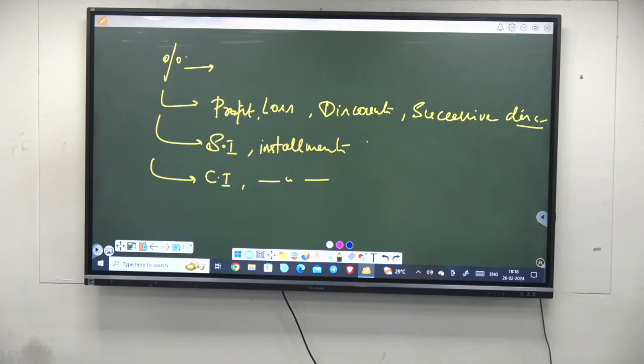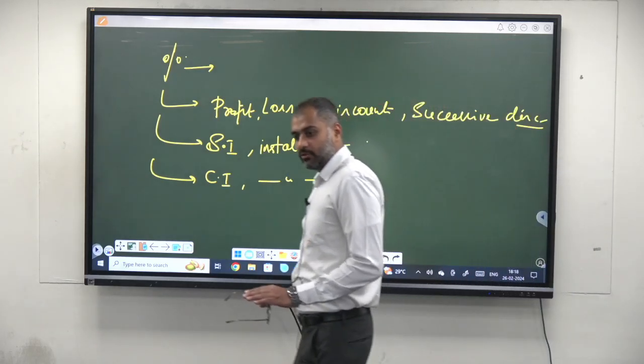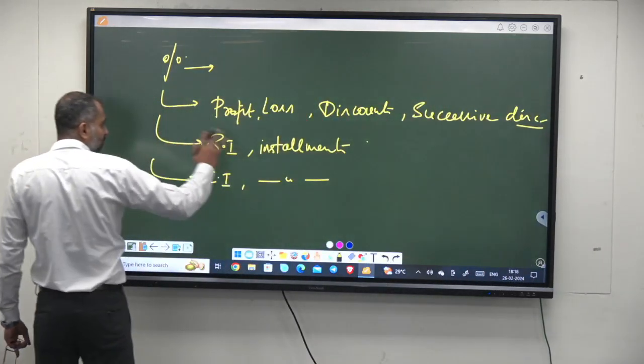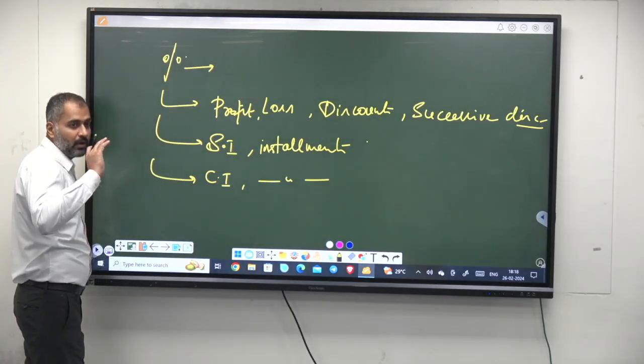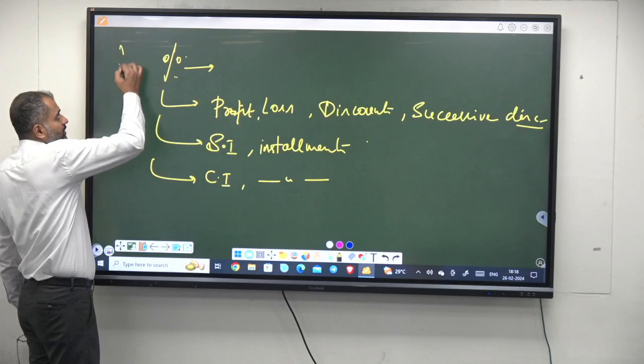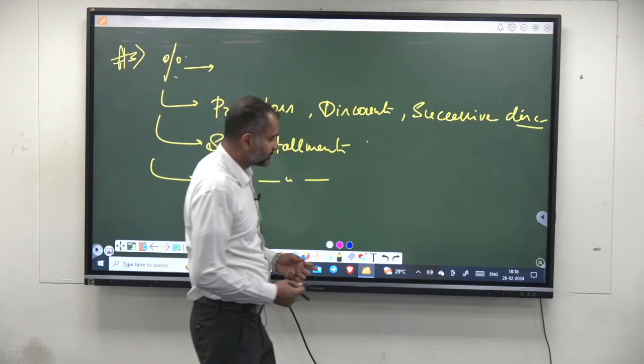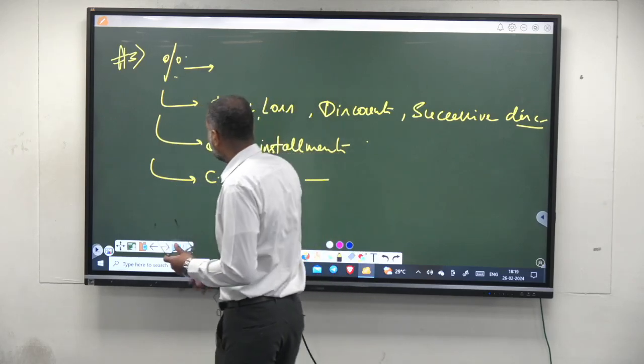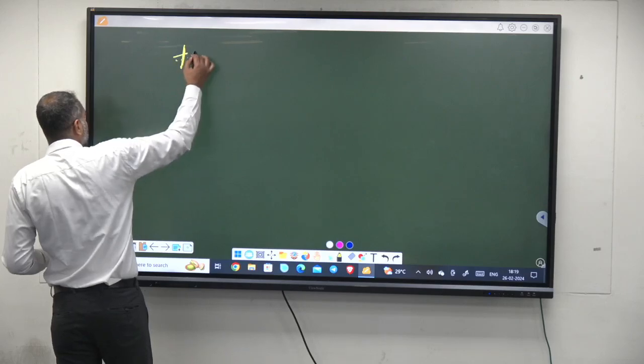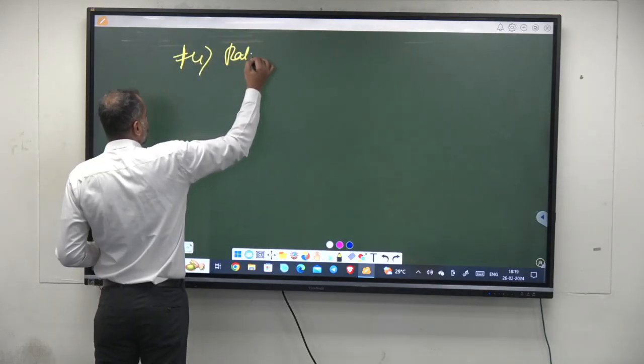This whole thing comprises of percentage. One of the important modules, see, basic arithmetic, you learn most of the things here only. Percentage, this is theme 3. The next one is ratio and proportions.